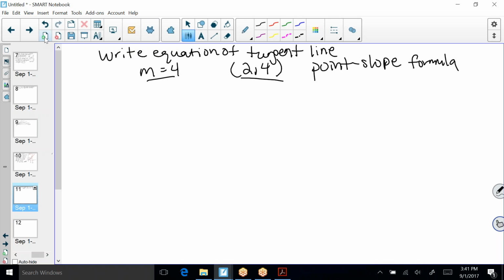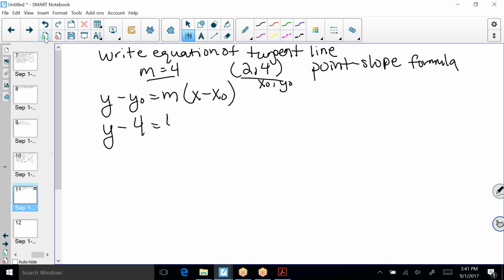So the point slope formula says y minus y sub 0 is equal to m times x minus x sub 0. So let's plug that information in. So this point is going to be our x sub 0 comma y sub 0. So we have y minus y sub 0 is 4, m is 4, x minus x sub 0 is 2.